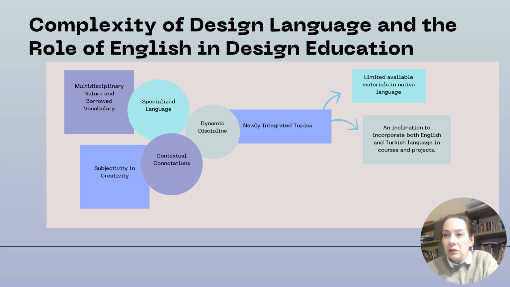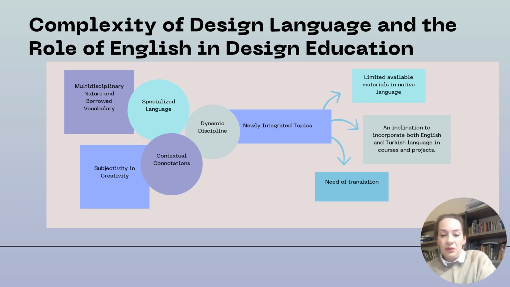Or you can see class presentations or suggested books or English videos in one of these classes which are newly integrated into the curriculum. And also, students need to translate everything. They think like that because they are unaware of contextual connotations, and they need to see an equivalent of the terms.